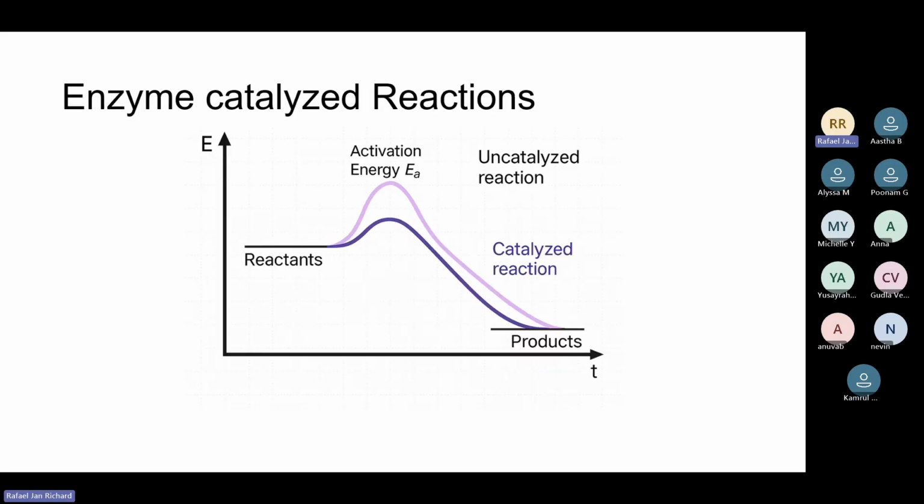And now we can compare the energy diagrams of catalyzed reactions with uncatalyzed reactions. As you can see, the curve above, the purple or pink curve, has a much higher activation energy, as it is the uncatalyzed reaction.